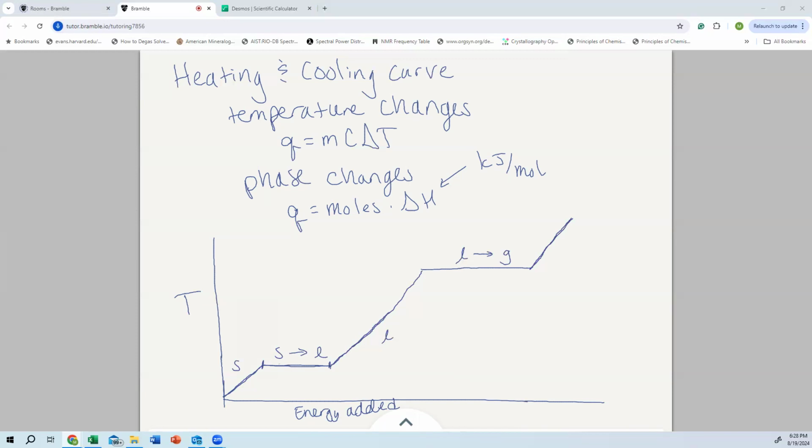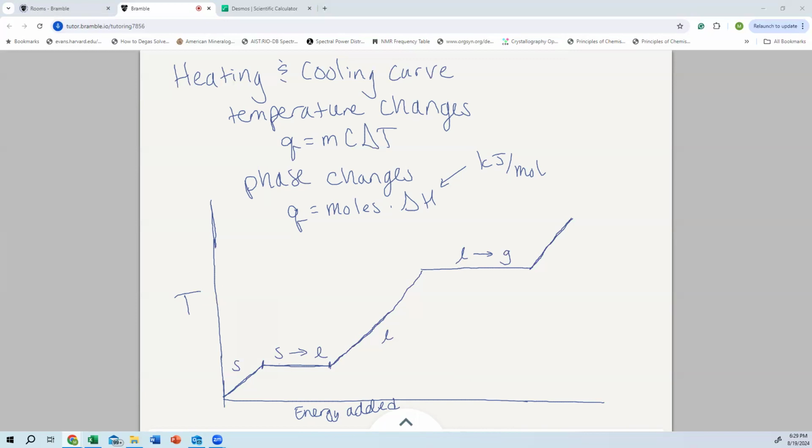As we go from solid to liquid or liquid to gas, we are increasing our potential energy. Gas has the most potential energy and most kinetic energy, and solid will have the least. Each of these requires energy, and the amount of energy is based on what exactly we're doing.